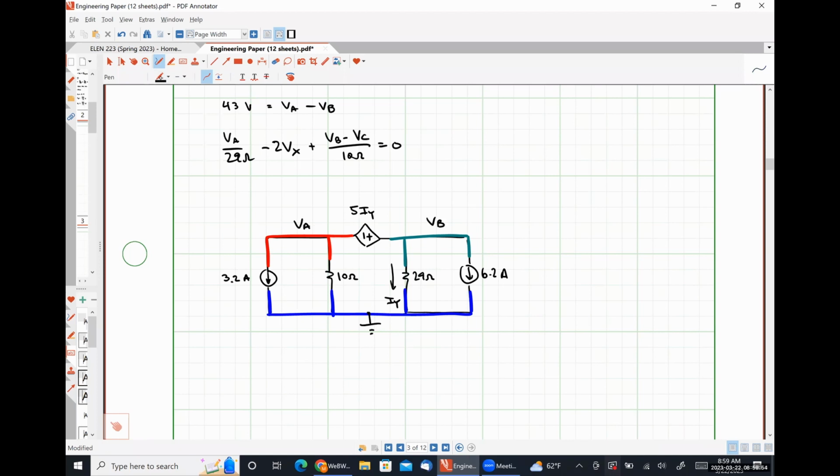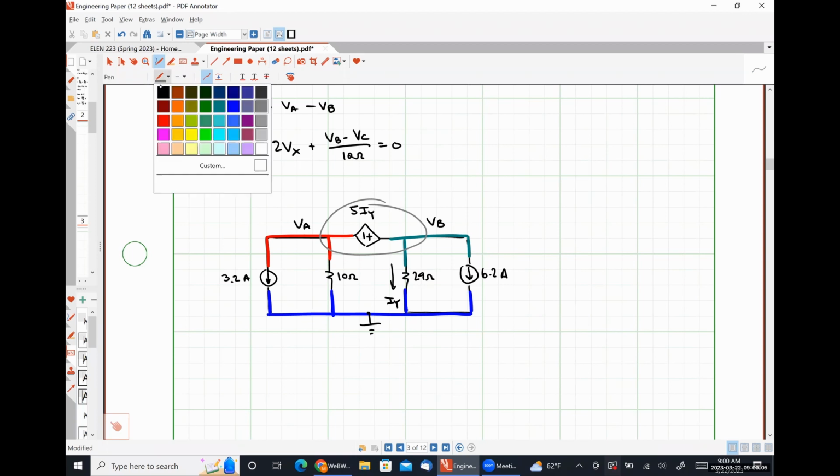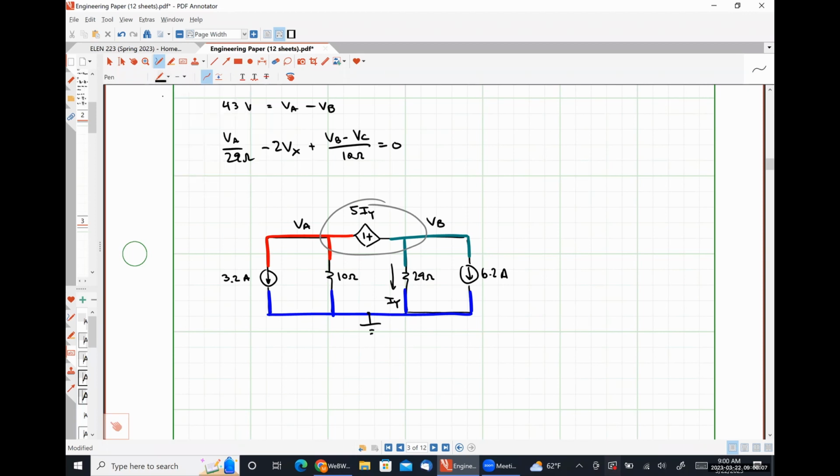Let's call this VB. Just for the sake of argument, we're going to go ahead and identify that supernode. My controlling variable equation is going to be what? IY is equal to VB over 29, absolutely right.